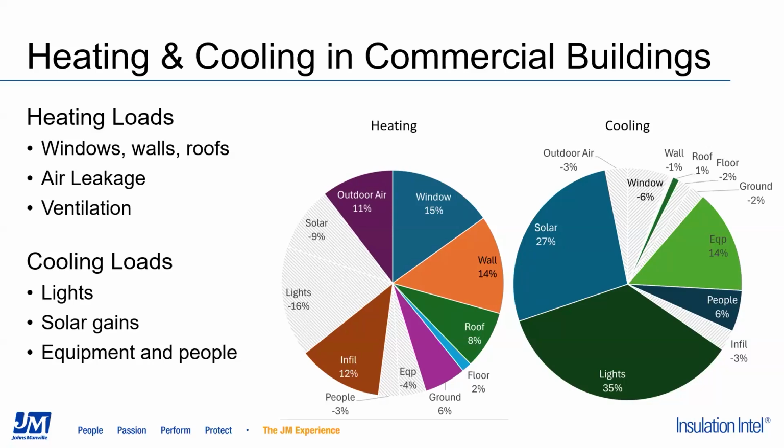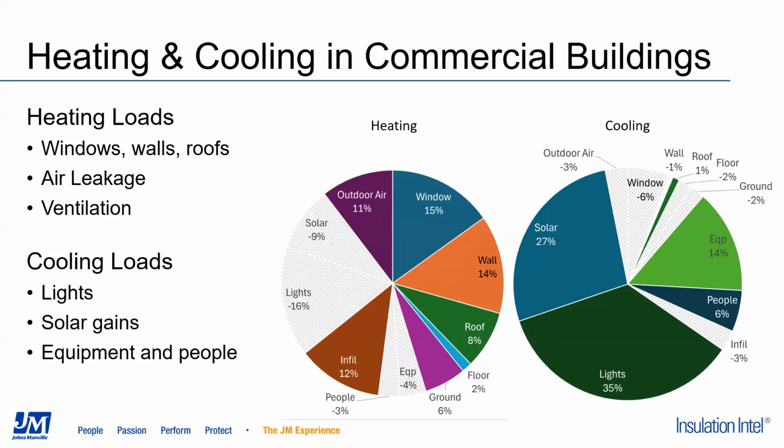But those dominate how much heating we have to put into the building. The wedges in both of these graphs that I've got grayed and cross-hatched out, those actually are helping. If we think about lights and solar gain in a commercial building, those actually reduce the heating load. So we're not getting into that much, but the wedges that are colors are areas where the heating system has to make that amount up.